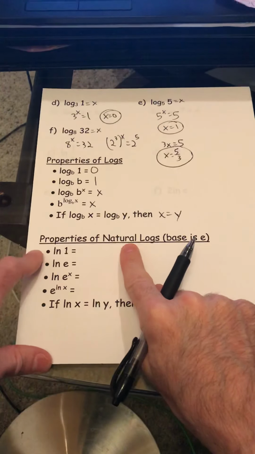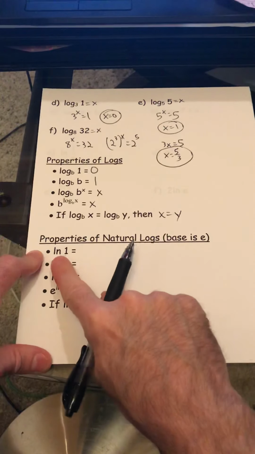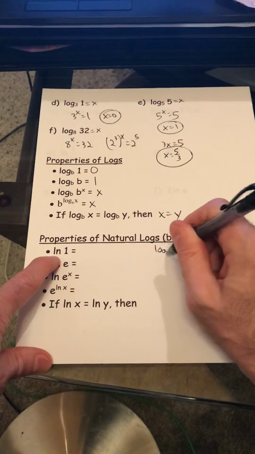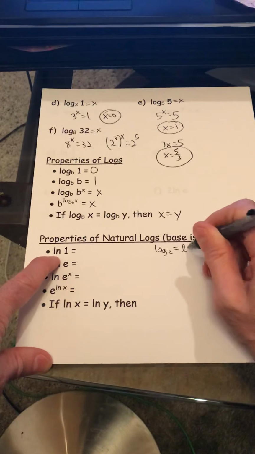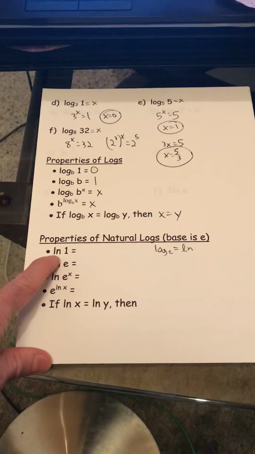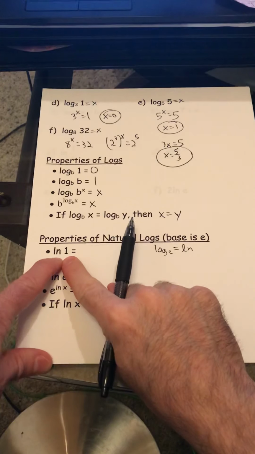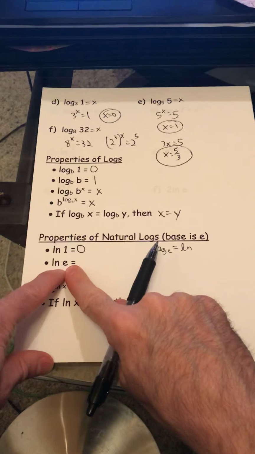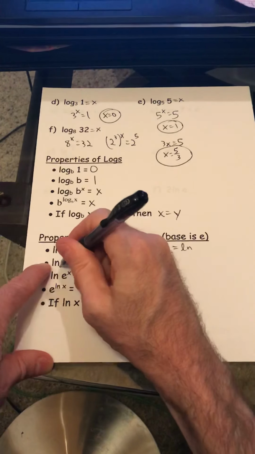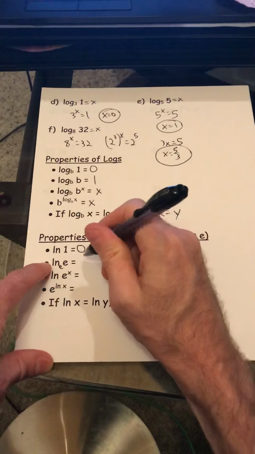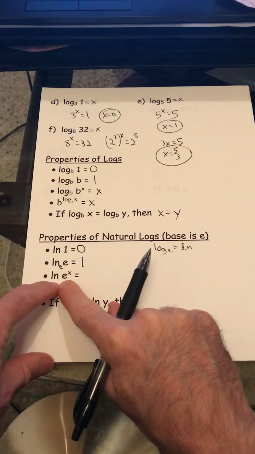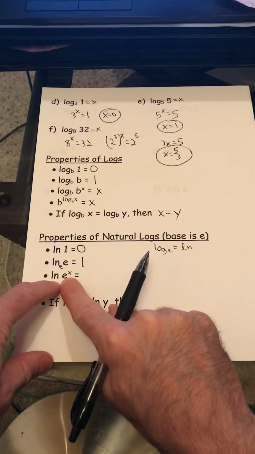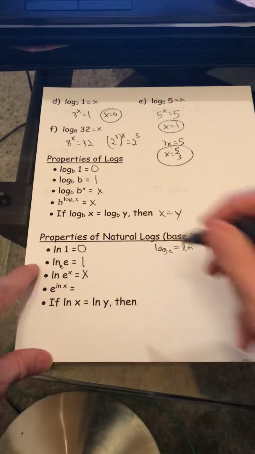Properties of natural logs. Well, the base is e. Sometimes you can even think of it as log base e is the same thing as natural log. So, if you have the natural log of 1, it's also 0. If you have the natural log of e, because the base is e, just like up here, it's 1. Again, natural log, because the base is e, and this is e, back to just the exponent.